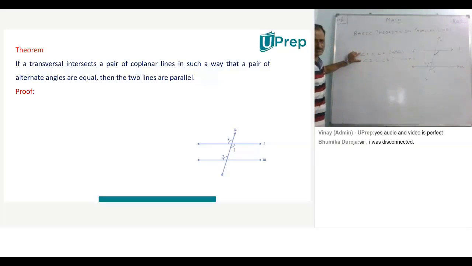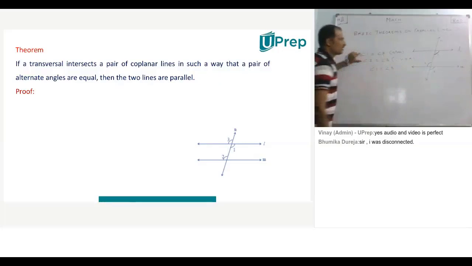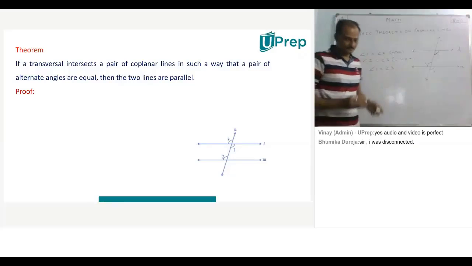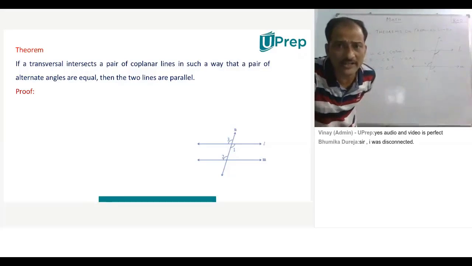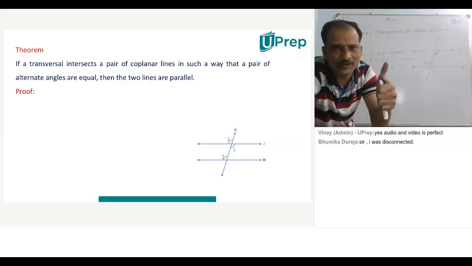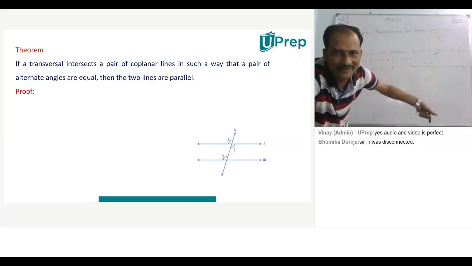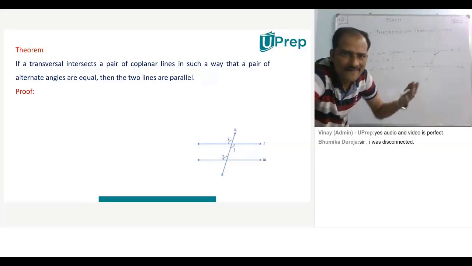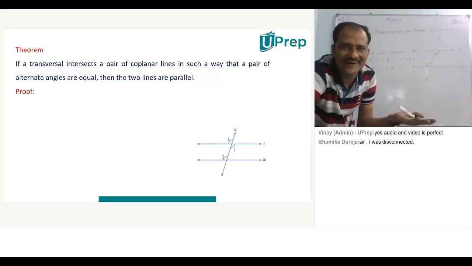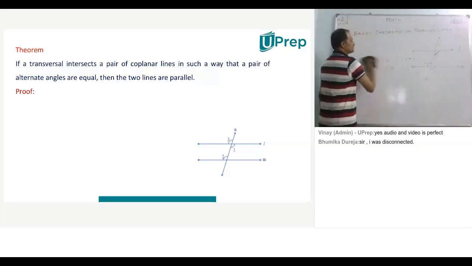From these two equations, what do we get? Angle 1 is equal to angle 3. But what are they? Corresponding angles, and they are equal. Hence the lines are parallel. It's very easy. Chalo, draw the figure. I will tell you how to write the proof of it.